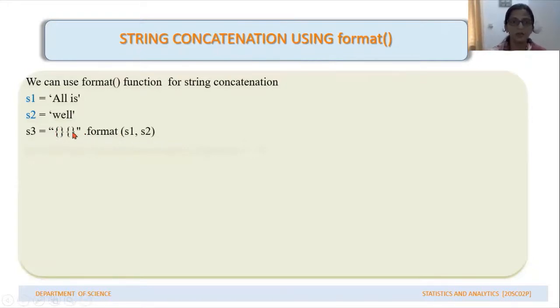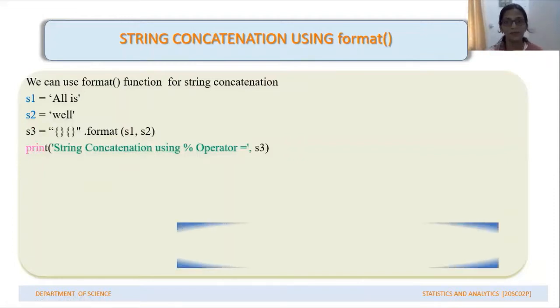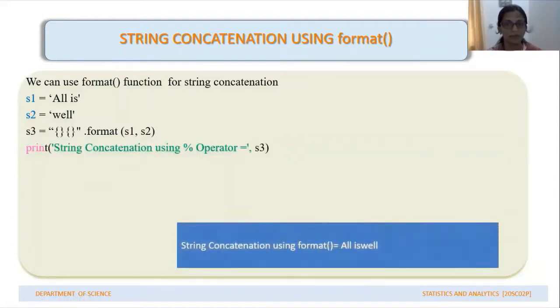Within the double quote, you should include flower brackets and type dot format parenthesis S1, that means your first string, and comma the second string and close the bracket. Here your concatenated string will be stored in S3. Now I'm going to print the result. So the result printed will be like this.